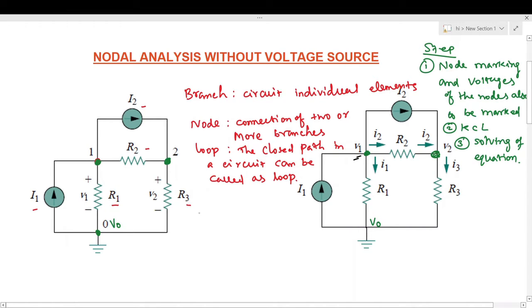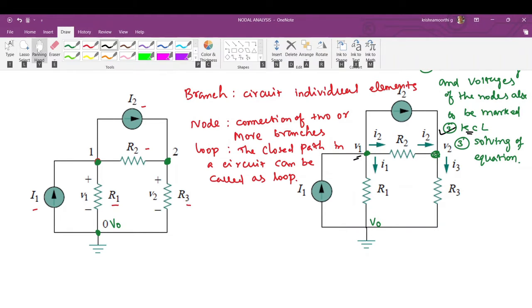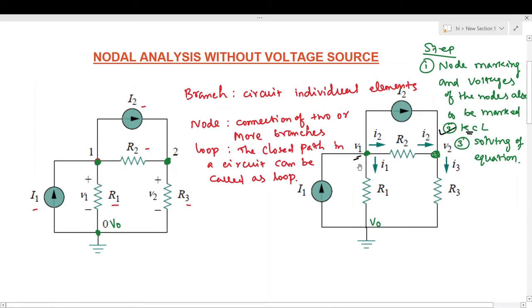Now we will apply Kirchhoff's current law as a second step for the nodes. How will we apply it? The number of equations required to solve this circuit is two equations, that is, equal to the number of non-reference nodes.